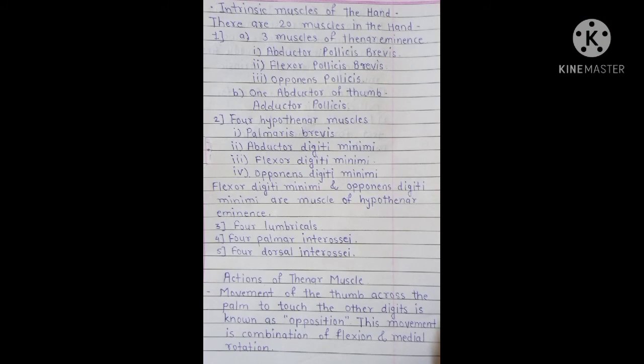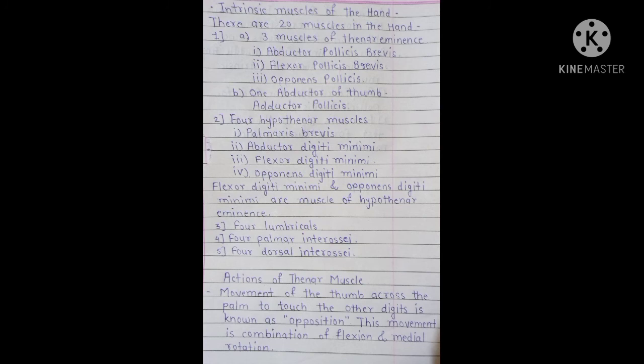Then the next topic is the intrinsic muscles of the hand. There are a total of 20 muscles in our hand. Three are muscles of the thenar eminence, that is the abductor pollicis brevis, flexor pollicis brevis and opponens pollicis. One adductor of the thumb, that is adductor pollicis.